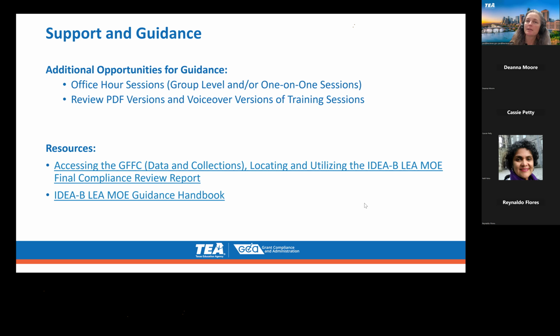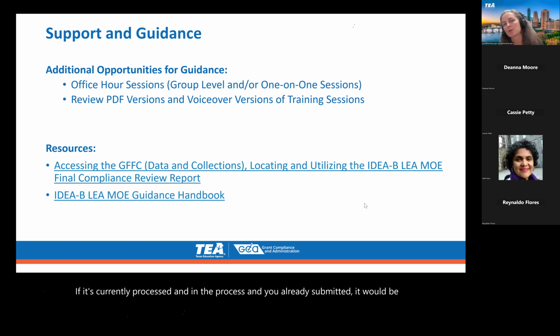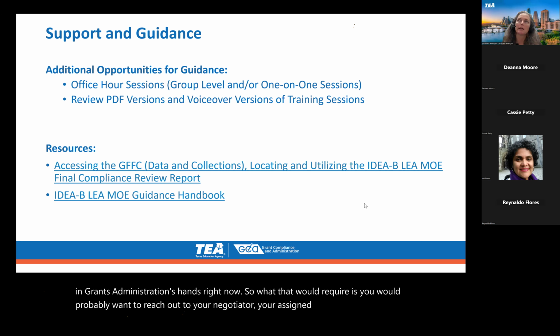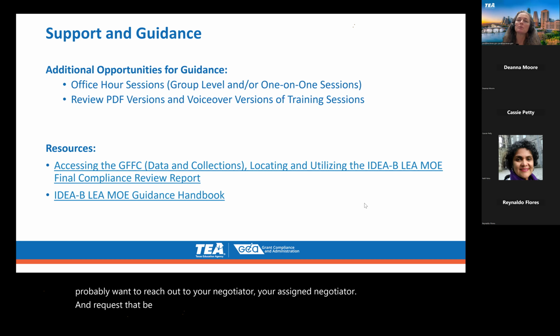If it's currently in process and you already submitted it, it would be in grants administration's hands right now. So you would probably want to reach out to your assigned negotiator and request that it be sent back to you so that you can revise line 2 on the application.